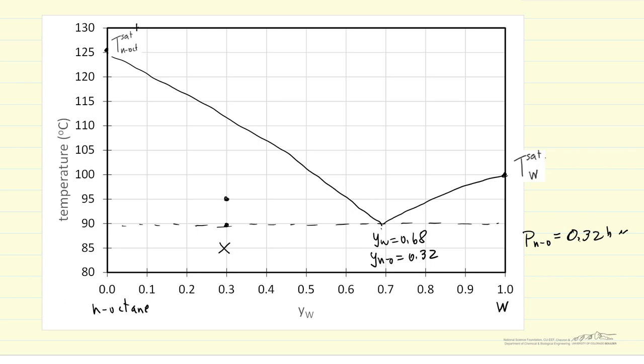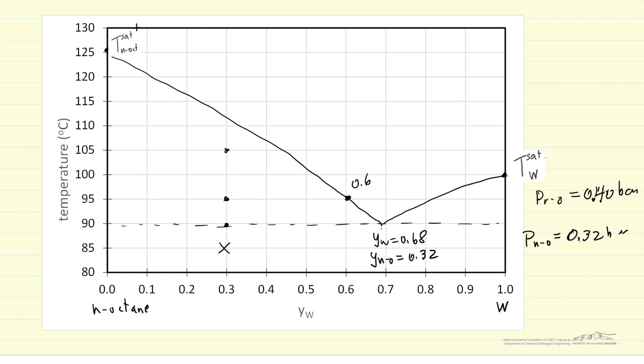And when we get to 95 degrees, we have now only normal octane in the liquid phase. All of the water evaporated at 90 degrees, and the mole fraction now of water is about 0.6, so the mole fraction of normal octane is 0.4, which means the pressure of N-octane is 0.4 bar.